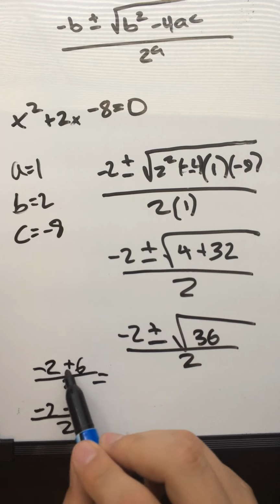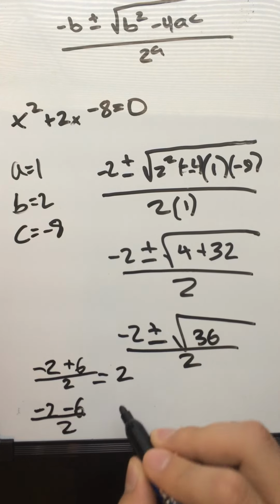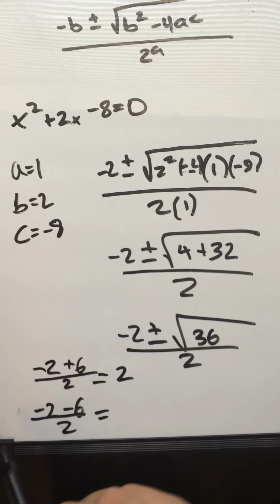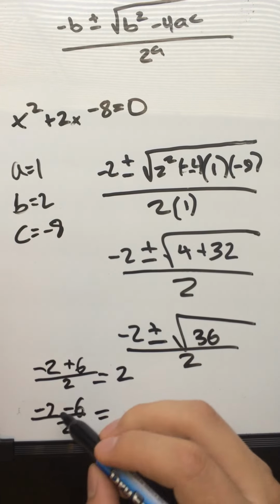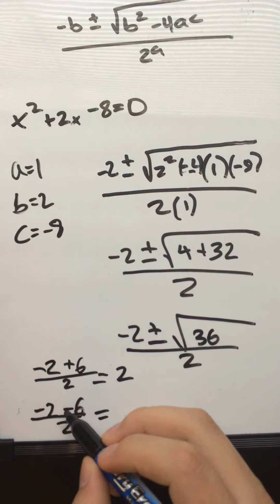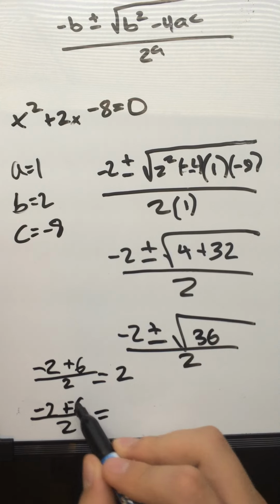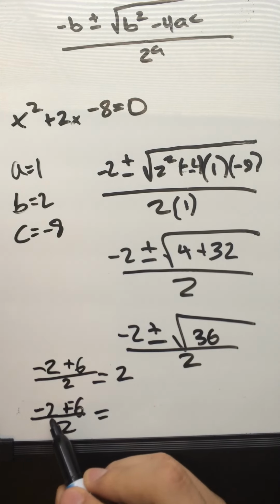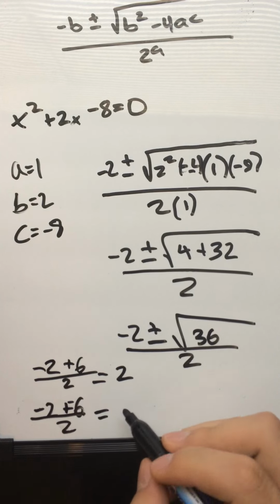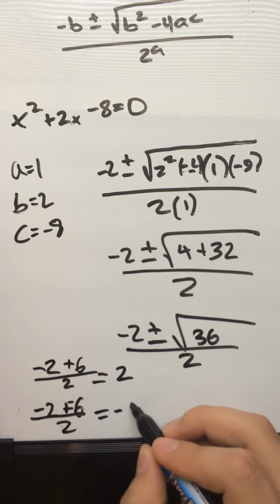So -2 plus 6 equals 4, divided by 2 equals 2. And we have a negative here, so we're going to keep, change. So we keep the -2, we make a plus sign, and then the 6 is a negative. So -2 plus -6 equals -8, divided by 2 equals -4.